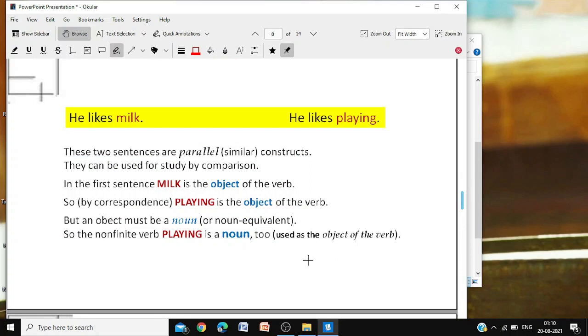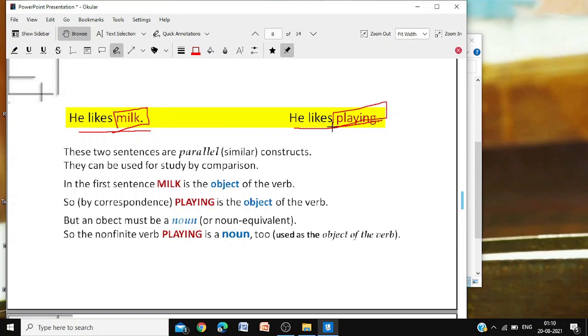Now let us consider two parallel constructs. Parallel constructs are similar constructs which can be used for comparing. Study by comparison. He likes milk. He likes playing. When we compare, we find that milk is the object, playing is the object.